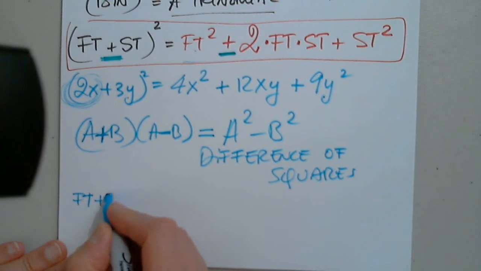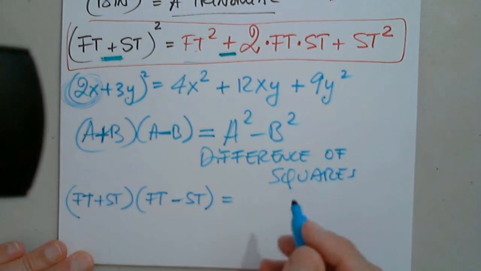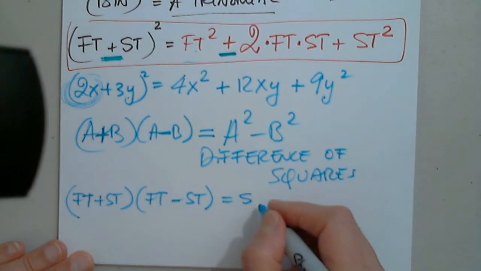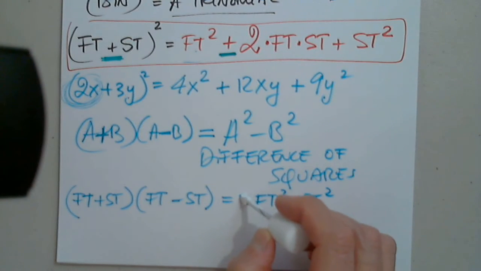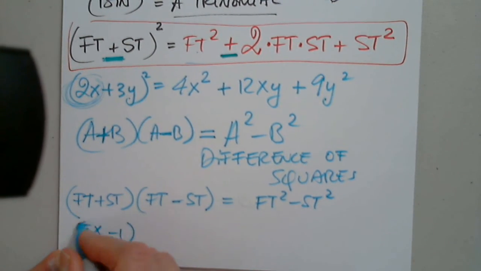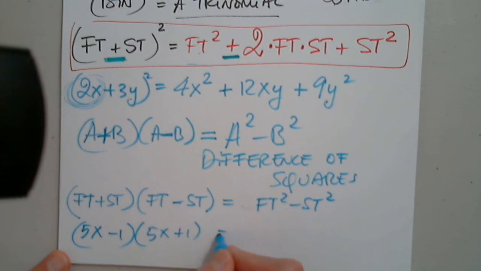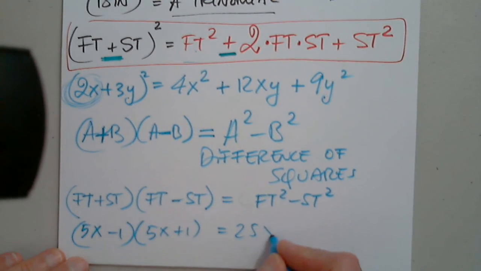So the first term plus the second term times the first term minus the second term should always be remembered as first term squared minus the second term squared. Okay, so let's look at, let's say, 5x minus 1 and, of course, 5x plus 1. Can anyone quickly give us this product so we don't have to FOIL? 25x squared minus 1. Very good.